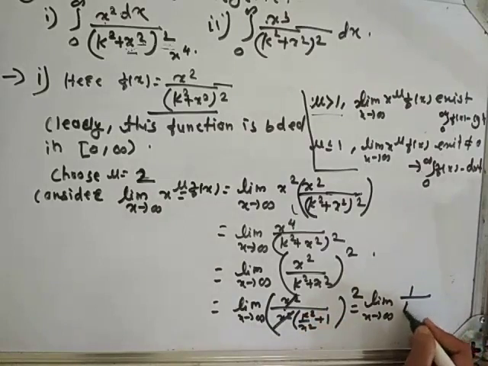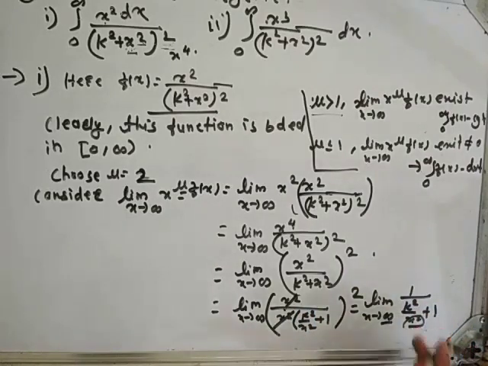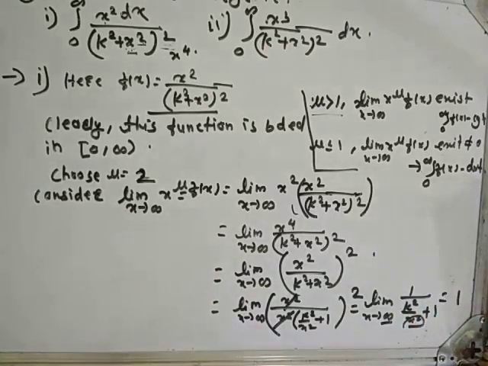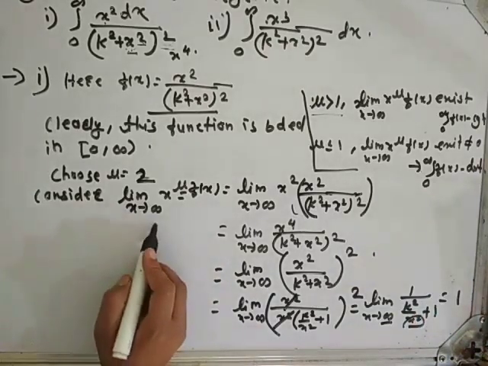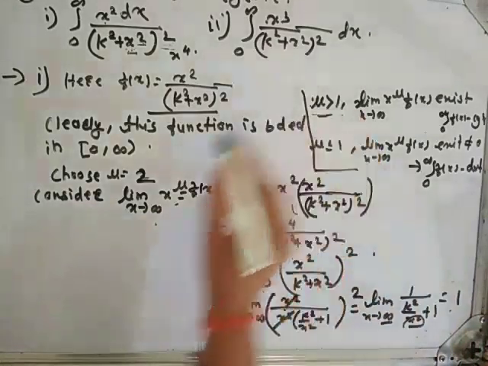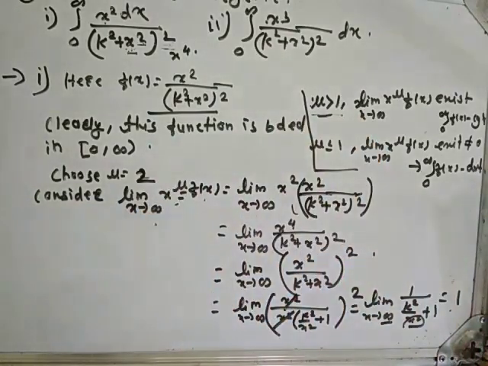This remains 1 upon (k square upon x square plus 1). If we put here infinity, this k square upon x square becomes 0. So this limit is nothing but 1. Means limit x tends to infinity, x raised to mu f of x exists, and our mu, which is equal to 2, is greater than 1. So we say that by mu test this integral converges.